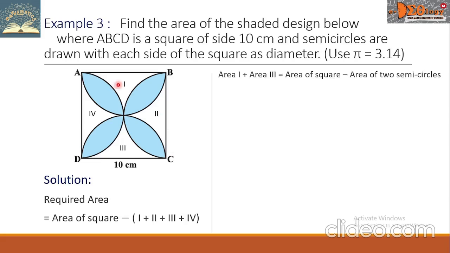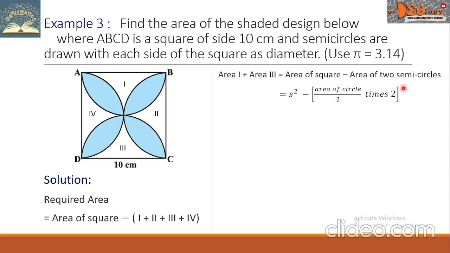Let us analyze our figure. This area 1 and area 3 is equal to the area of this square minus the area of two semicircles. And the semicircles are this AD and also this semicircle BC. So using our formula, the area of square is S square minus the area of circle divided by 2.